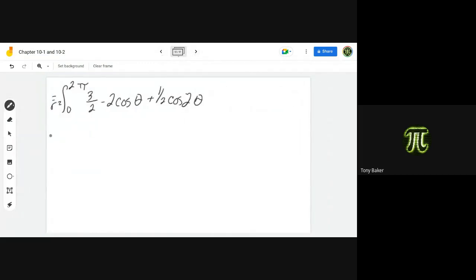So what's the integral? It's the integral of 3/2, which is 3/2 theta. That should be the easy one. What's the integral of cosine theta?